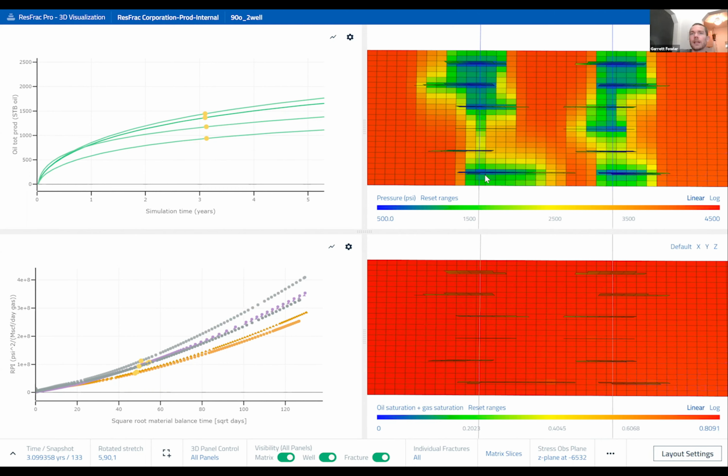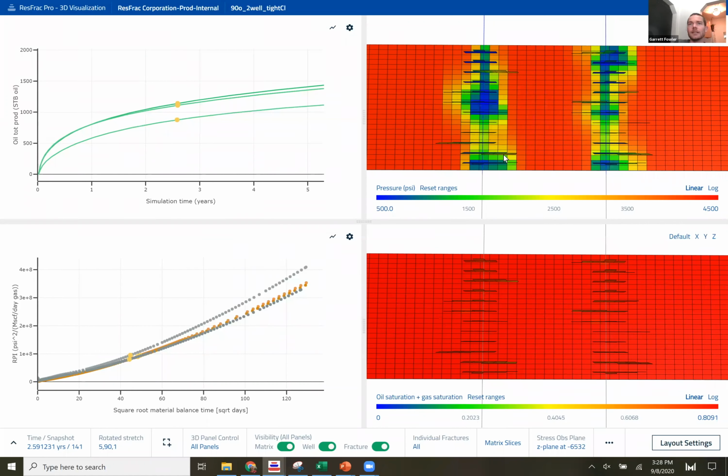Then, keeping the same pump schedule, I pumped the same exact job, but with double the number of perforations. And now we see dark blue because the extent of the fractures is smaller. Each of the fractures is shorter because mass is conserved, and they are closer together, so I'm getting pressure interference. This is actually at 2.6 hours, so even earlier in time.